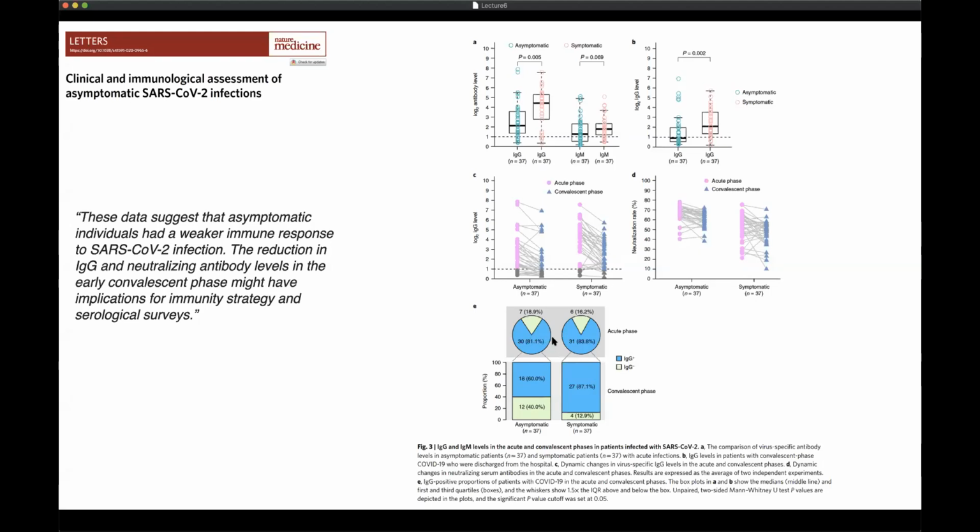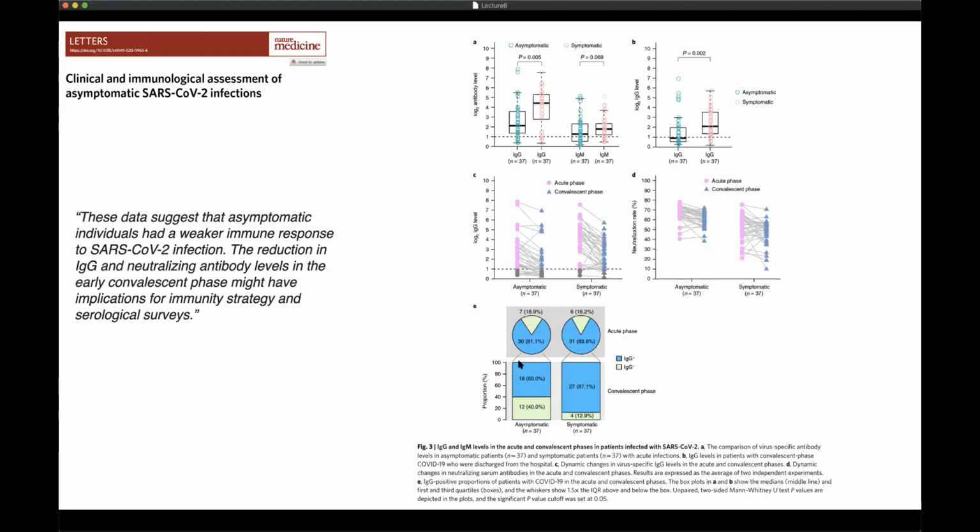And you can see by these pie charts that in the acute phase, about 80% of either symptomatic or asymptomatic individuals develop antibody response while the infection is ongoing. But if you look at what's in their blood after the infection has been cleared, 87% of those that were symptomatic have remaining antibody responses. But only 60% of those that are asymptomatic have those antibody responses.